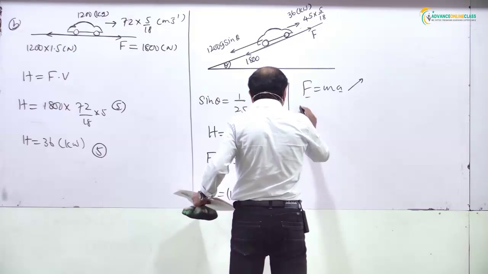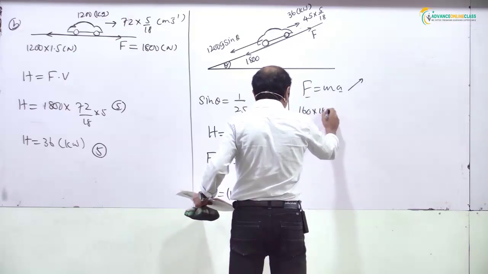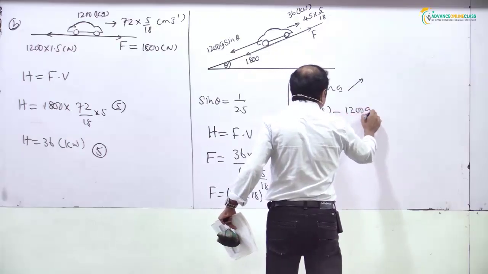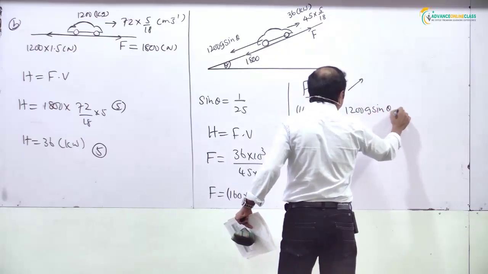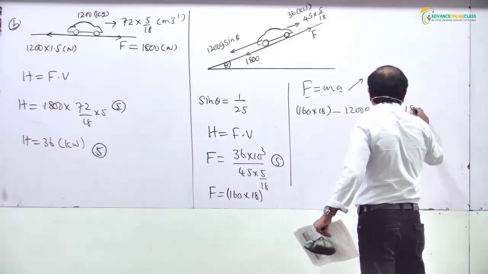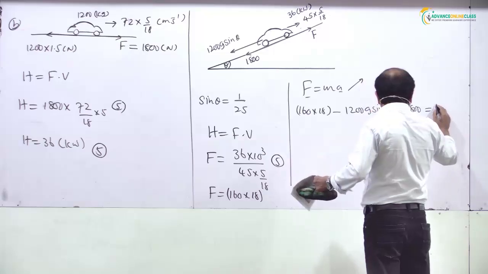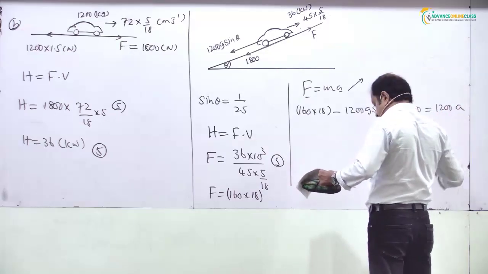That comes here: 160 into 18 minus 1200 g sine theta minus 1800 is equal to 1200 mass, expression is here.